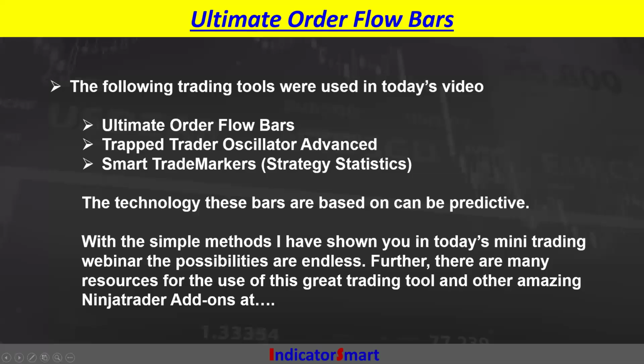So the following trading tools were used in today's video. We use the ultimate order flow bars on the Emini S&P. We use Trap Trader Oscillator Advanced that we introduced later, and on both of them we use the smart trade markers that we use to create the strategy statistics. The nice thing about trade markers is you can go in and do that with a system.